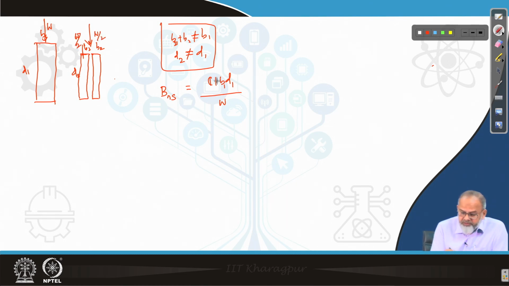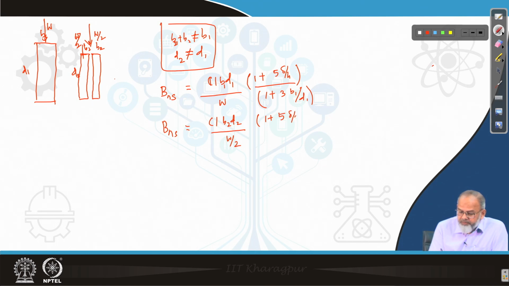Now this will be equal to CI B1 D1 by W into 1 plus 5 del by H by 1 plus 3 B1 by D1. Now for dual, mobility number will be CI B2 D2 by W by 2 into 1 plus 5 del by H by 1 plus 3 B2 by D2.